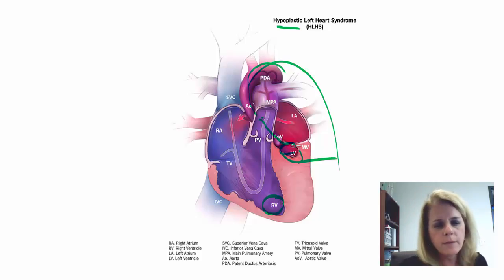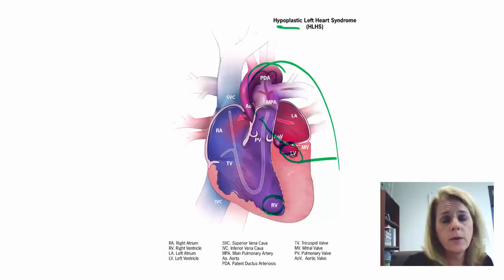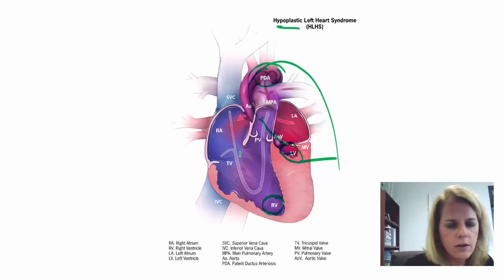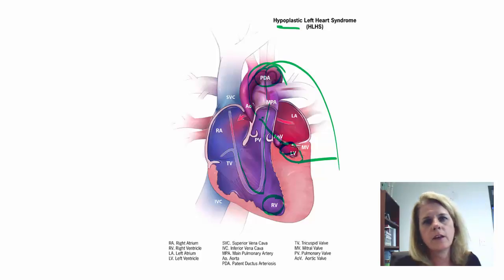And so what happens when they're first born, some of those physiologic changes that are supposed to cause the ductus arteriosus to close will allow it to stay patent. And so the child will usually survive for a couple of days because the right side of the heart is going to pump, and it's going to be pumping blood into the pulmonary trunk, and it's going to provide the blood that needs to go to the aorta.